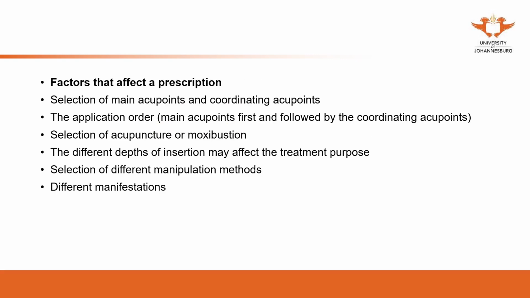When we formulate a prescription, we always need to think about these aspects, such as the selection of the points and the application order. Which points do you want to apply first? Do you want to apply acupuncture first, followed by moxibustion, or moxibustion first, followed by acupuncture?